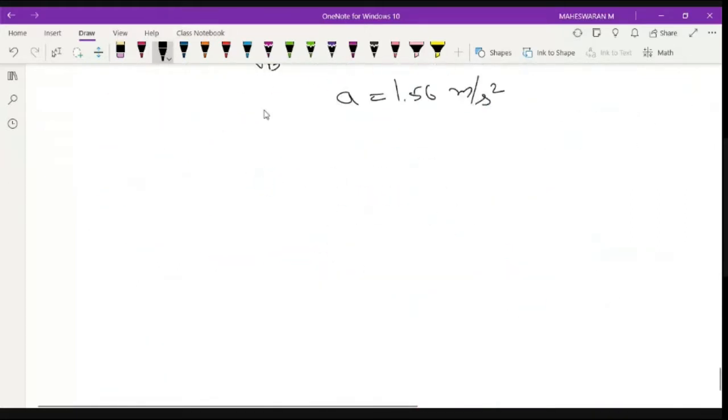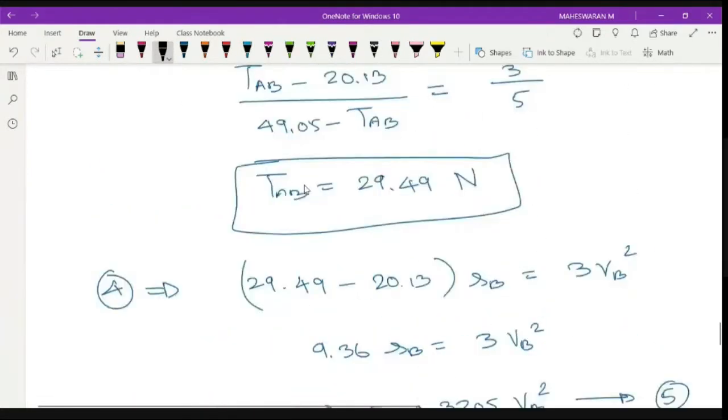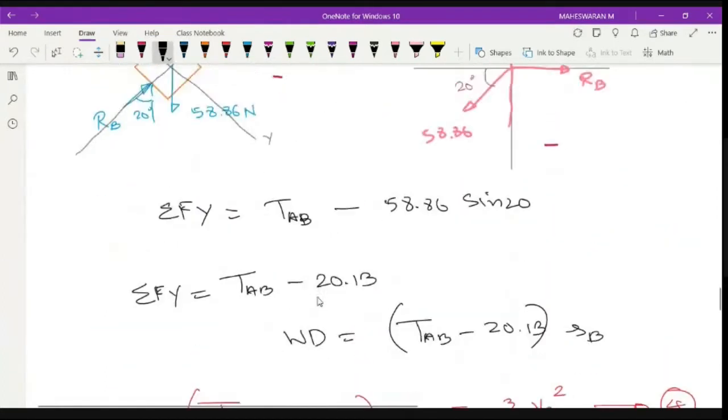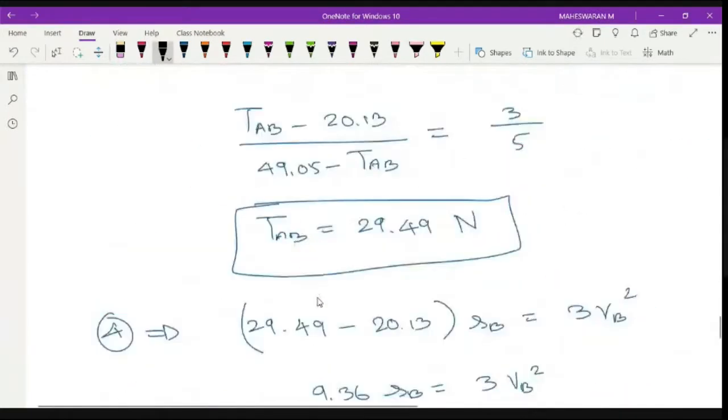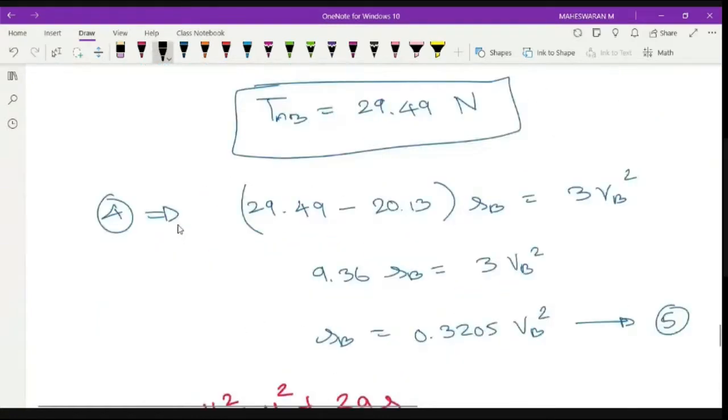Okay, so for any method, you will get the same thing. So even for impulse momentum, we can try for impulse momentum also. I'm going to complete it in one step. So we know that impulse is F into T and momentum is M into V, right? Because sigma Fy, Fx, whatever we identified, is the same. So we are going to use that one. If I consider A, what equation I will get?